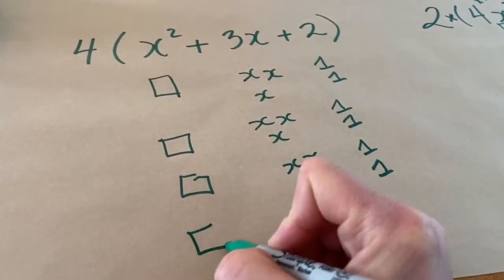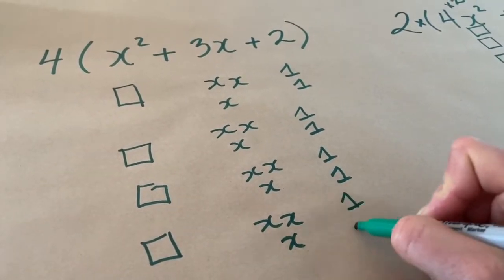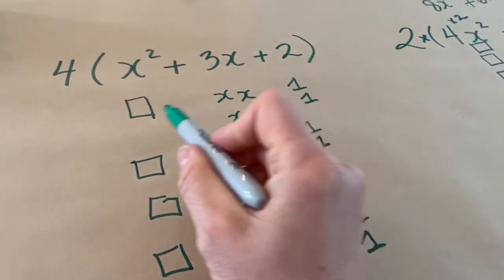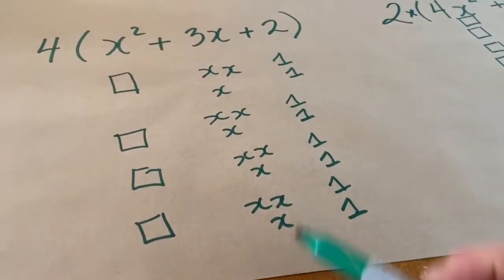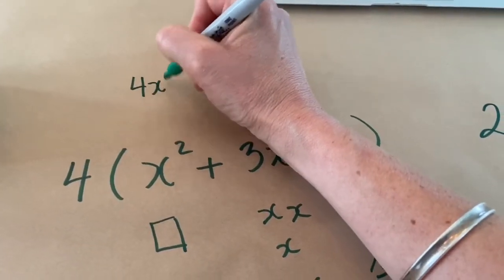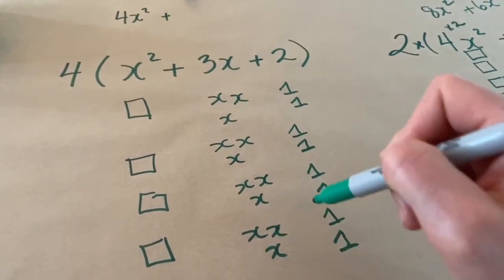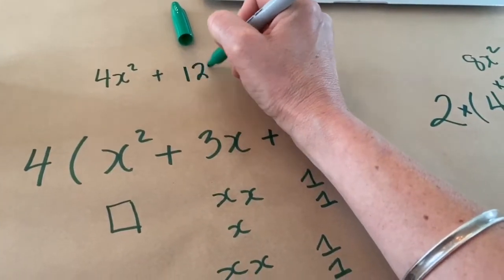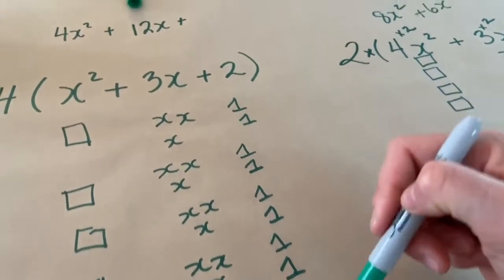And the last time, I've got an x squared, 3 x's, and 2. I've got this stuff right here 1, 2, 3, 4 times. So all together, I have 4x squared. I have 1, 2, 3, 4, 5, 6, 7, 8, 9, 10, 11, 12. I have 12 x's, and I have 1, 2, 3, 4, 5, 6, 7, 8.